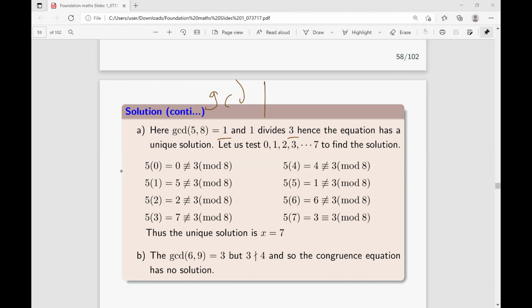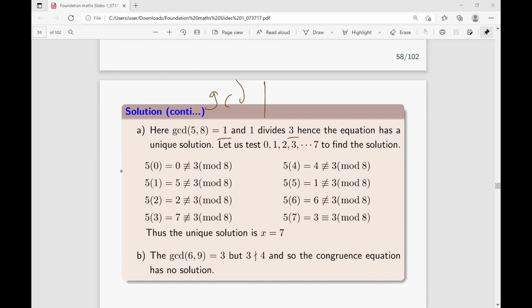So what that therefore means is that if the GCD divides the number before the mod, then the number of solutions of that equation equals the GCD. Is that okay? In other words, if the GCD was 2, then that system would have 2 solutions. If the GCD was 3, and 3 divides the number before the mod, then that equation has 3 solutions. If the GCD was 10, and 10 divides the number before the mod, then that system has 10 solutions.